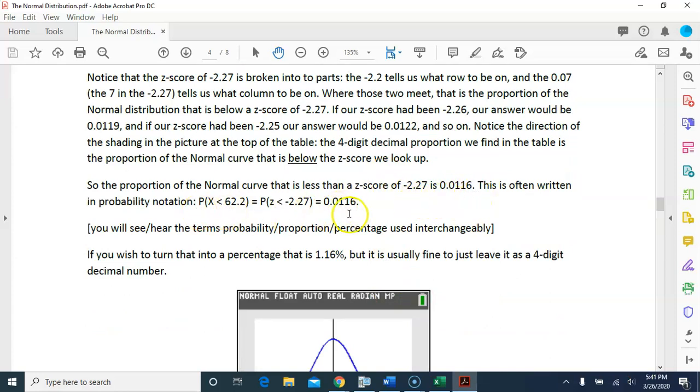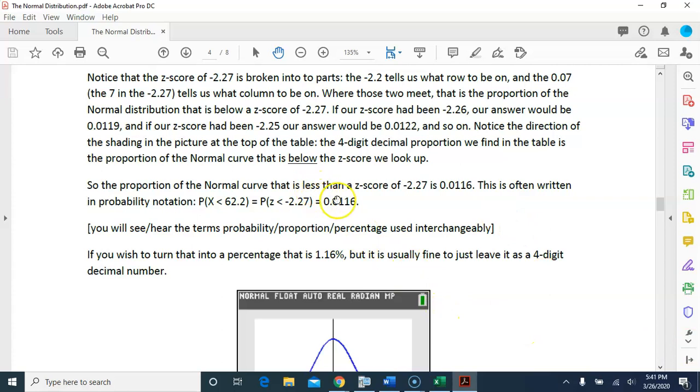And oftentimes we write it like this. It looks like probability notation. First, in terms of the raw data, a person's height x being less than 62.2 inches, and then a z-score being less than negative 2.27, because that's what we got when we turned this height into a z-score, and then this probability or proportion from the table.